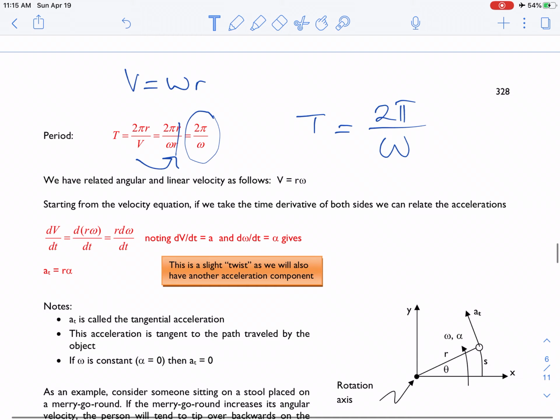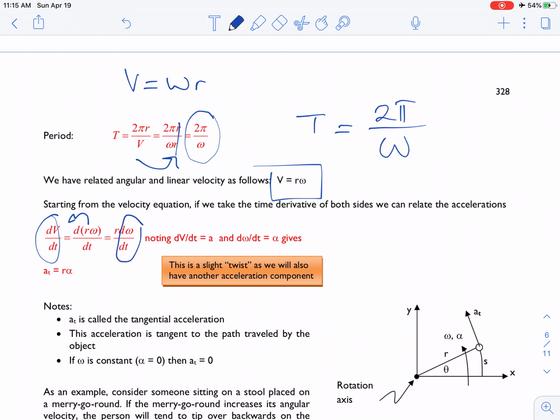And now we are going to get the acceleration as well. So we do the same thing. We have this relation v equals r omega, and then take the derivative on both sides with respect to time. Left side becomes dv over dt, right side becomes d of r omega over dt, but r comes out, so it becomes r times d omega over dt. The reason r comes out is because r is constant, right? And then what is d omega over dt?